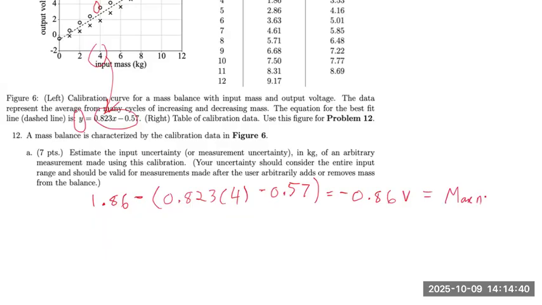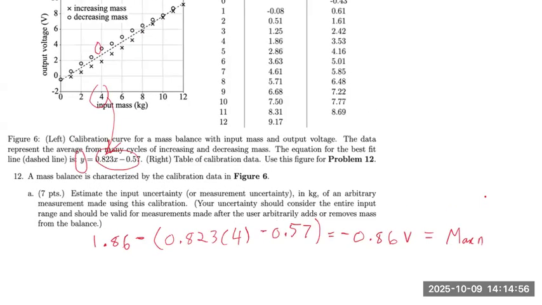And we also want the static sensitivity from the best linear fit to convert output uncertainty into input uncertainty. That will come from the slope of this best fit line. So K_O, which is the static sensitivity, is going to be equal to 0.823.